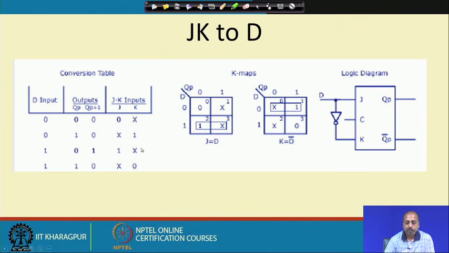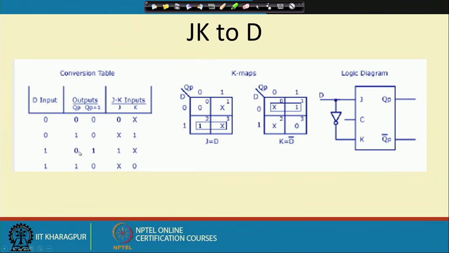Now, if we want to realize this behavior by means of a JK flip flop, I have to apply a 0 at J and K can be don't care, since Qp is 0 and it will always come to 0. Similarly, if the previous value of Qp was 1 and we are trying to get a 0, then K must be set equal to 1, which resets it to 0.